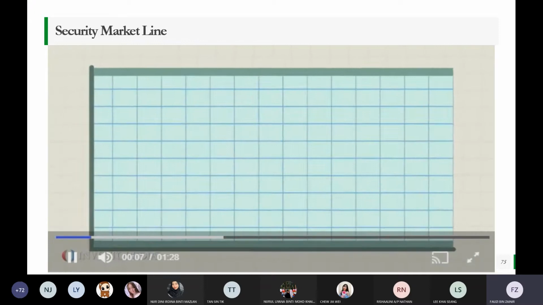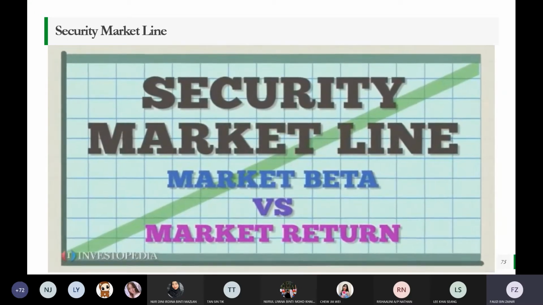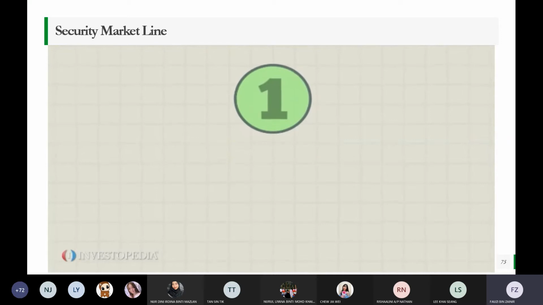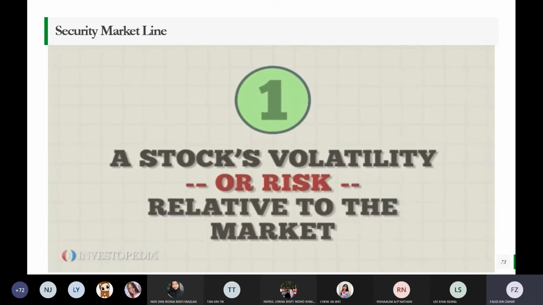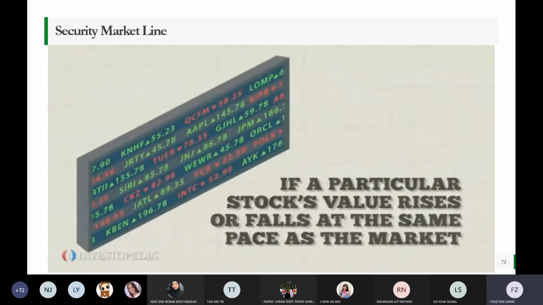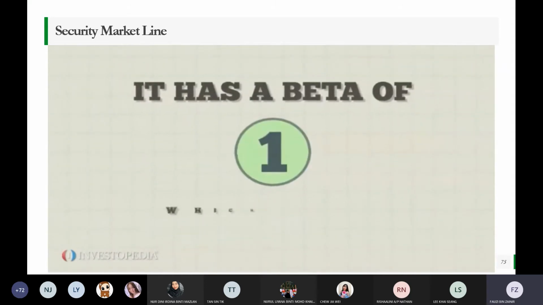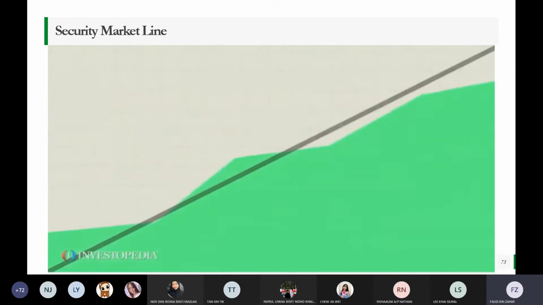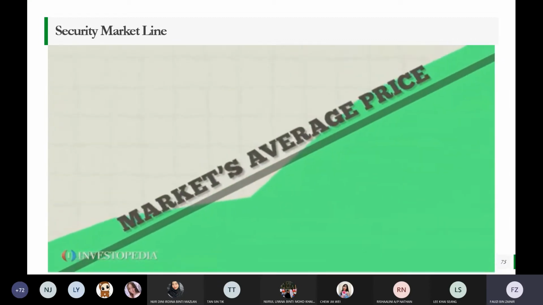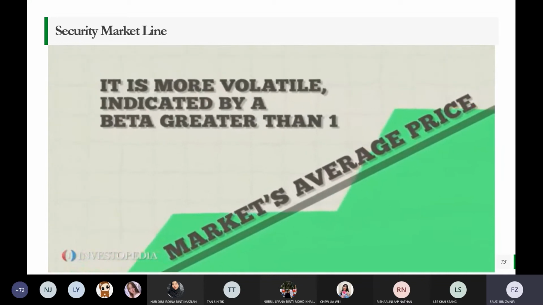On an economics graph, the security market line shows market beta versus market return. Beta is a number that describes a stock's volatility or risk relative to the market. If a particular stock's value rises or falls at the same pace as the market, it has a beta of 1, which means average risk. If a stock's price changes more than the market's average price, it is more volatile, indicated by a beta greater than 1.